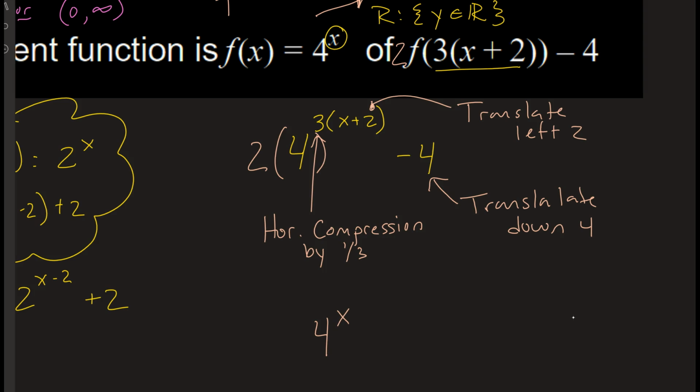And instead of writing 4x, you are taking everything that your new f of x is. How do I explain this differently? You're just substituting in for x.